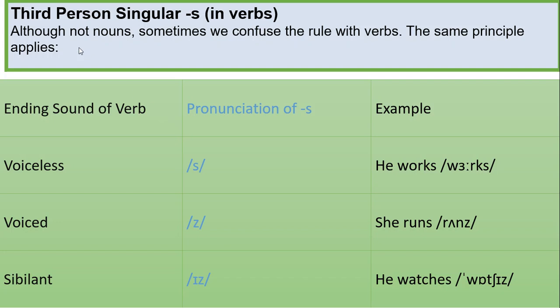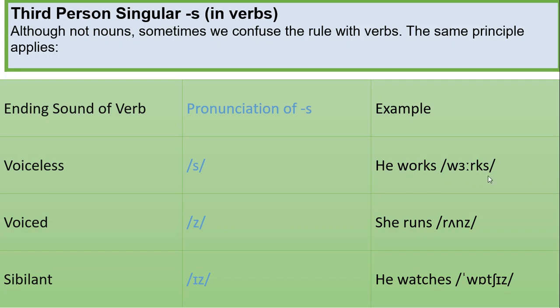Now, another one is here: third person singular in verbs. Although these are not nouns, sometimes we confuse the rule with verbs, and the same principle applies. It depends on the ending sound of the verb. Whenever a verb ends with a voiceless sound and we add s, its pronunciation is s.